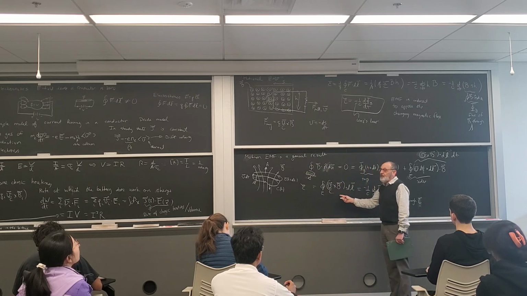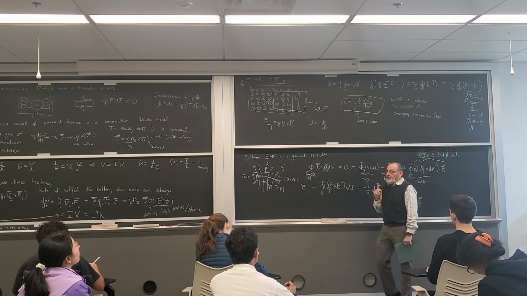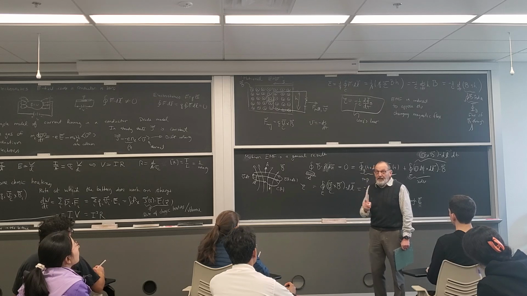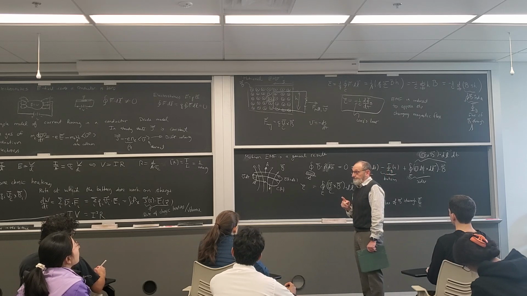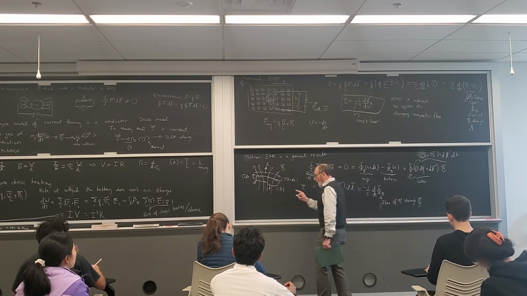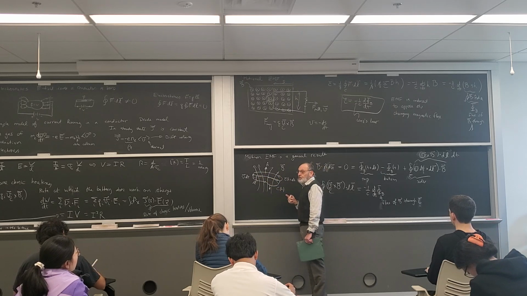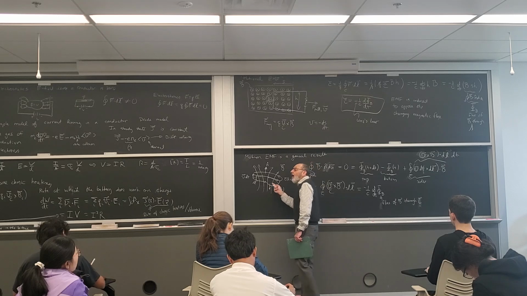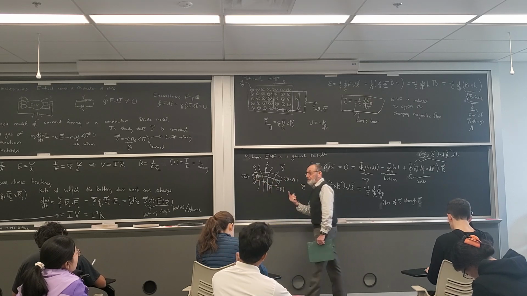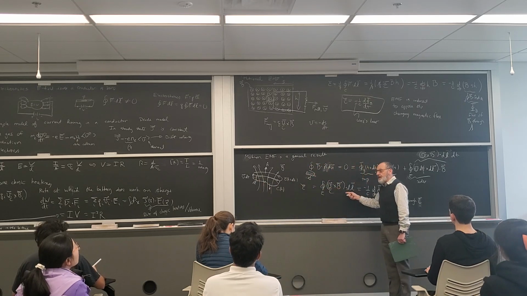But the EMF is coming from the point of view of the lab frame at the Lorentz force acting on the charges in this loop that causes them to run around because of the v cross B force.